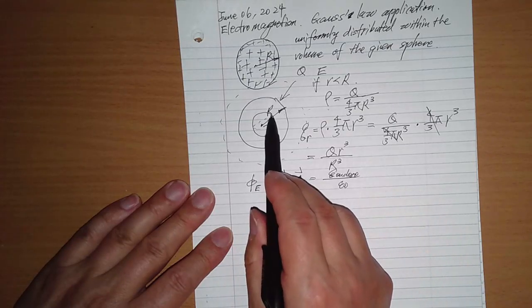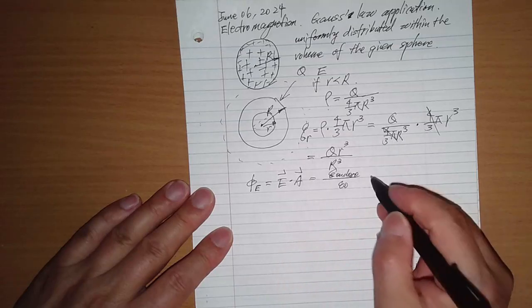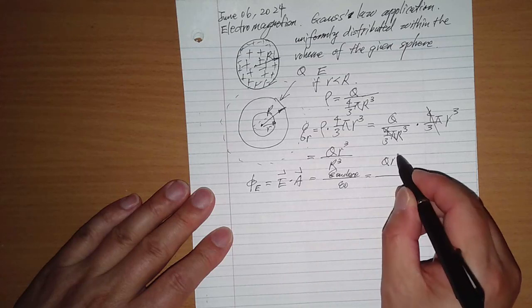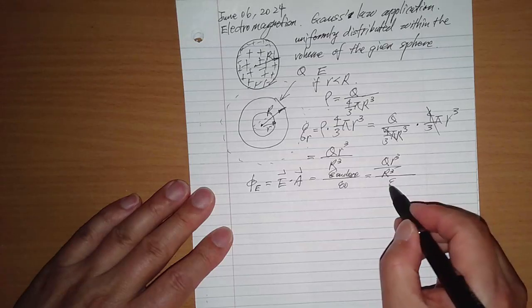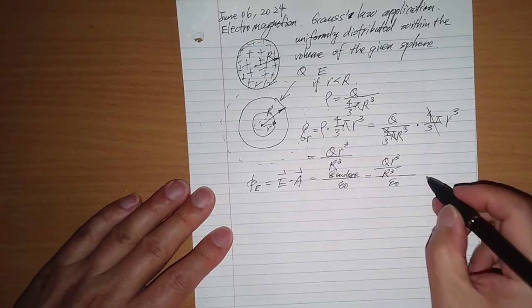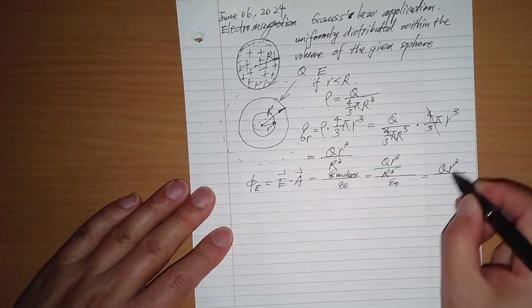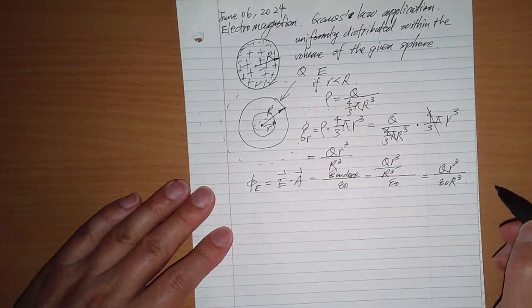So in this case, the Q enclosed is the Q of r we just calculated, right? So that would be big Q r cubed, over big R cubed, divided by epsilon 0, and then we can simplify this as Q r cubed over epsilon 0 R cubed.